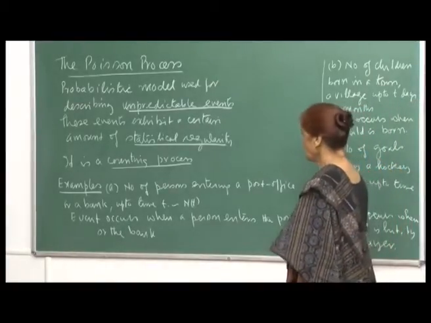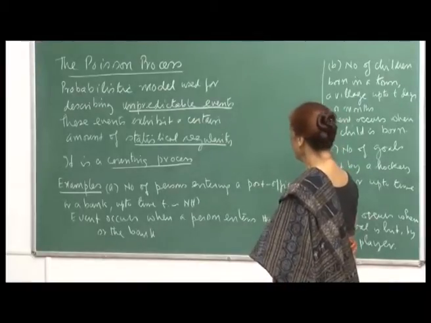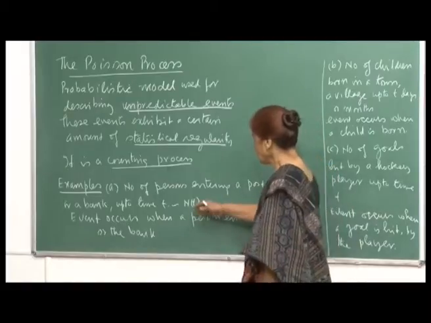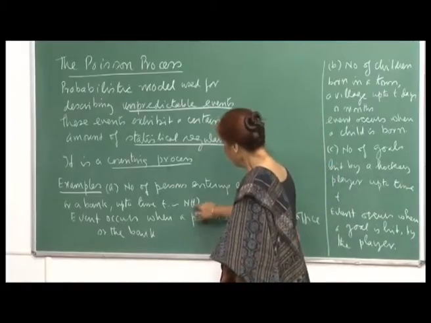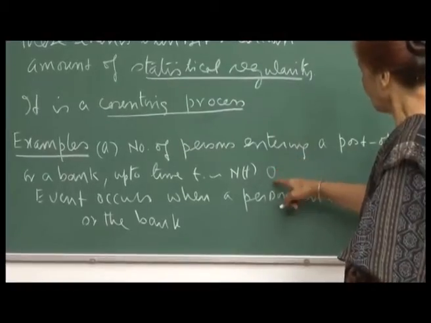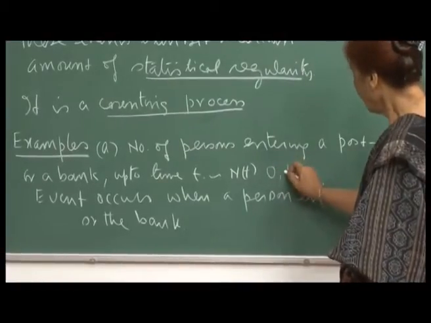Now, the examples, as I said, are the number of persons entering a post office or a bank up to time t. When I say N(t), the time to start counting the events starts at 0 and goes up to time t.